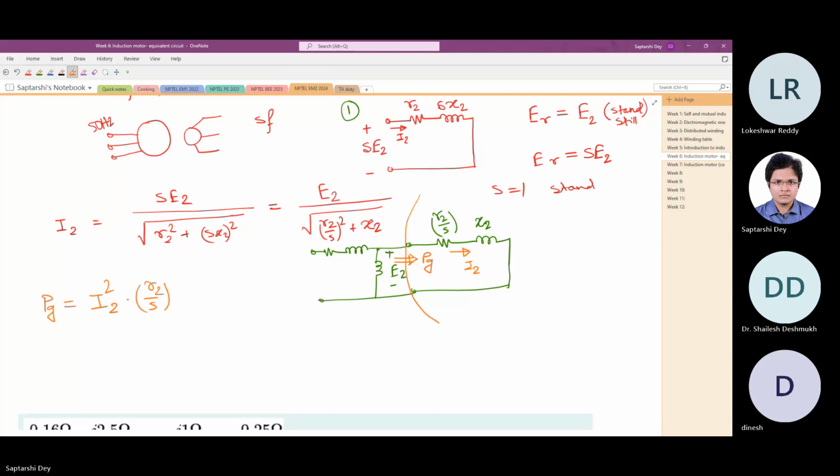At the same time, think from the actual perspective of the induction machine: R2 does not change. This R2 by S, we can write as R2 plus R2 times (1 by S minus 1). This first component R2, the rotor resistance, does not change. So definitely I2 squared R2 is the rotor copper loss.